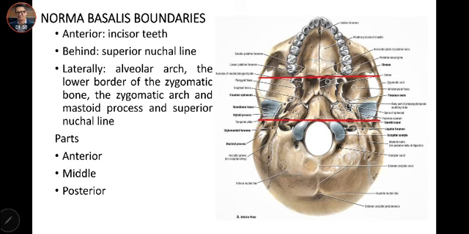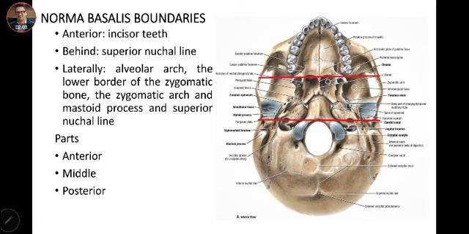So these are the boundaries, and most anatomists divide the Norma Basalis into three parts, anterior, middle, and posterior, by two imaginary lines. How are they drawn? They are drawn in red in this picture. The first, anterior line is here, at the posterior aspect of the hard palate, a line drawn horizontally from that.